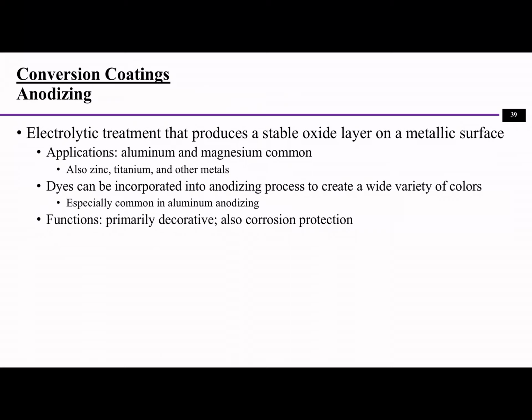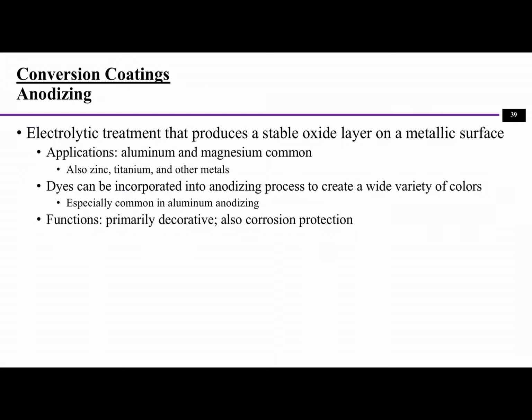For example, copper cannot be anodized, it's not very good for anodizing. But aluminum is a very good material for anodizing. Same with magnesium. Some other metals can be anodized too, for example zinc and titanium.